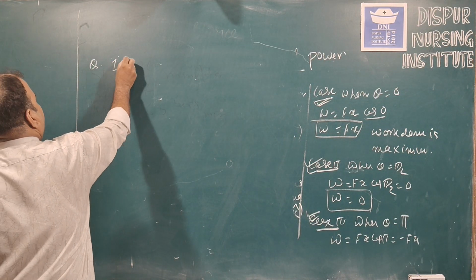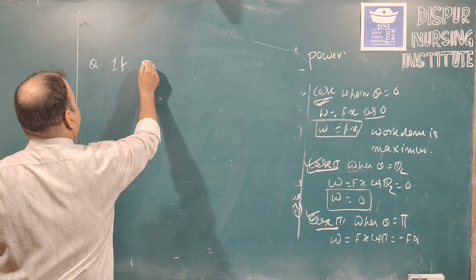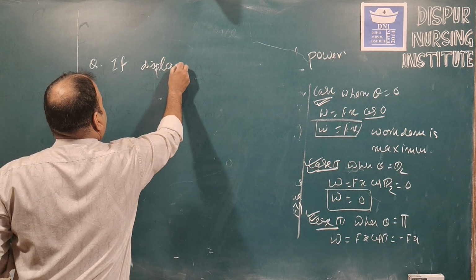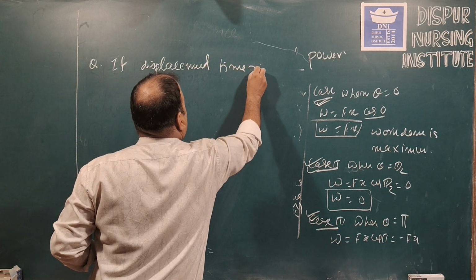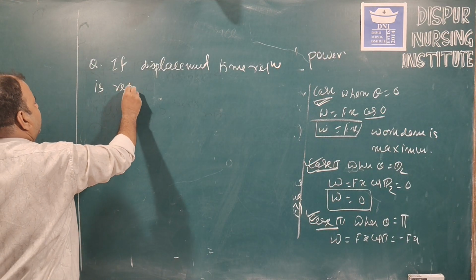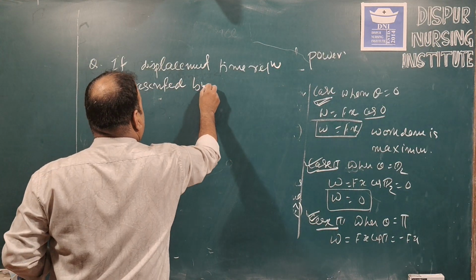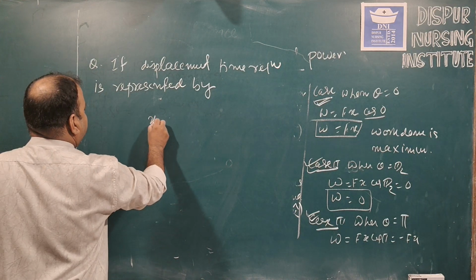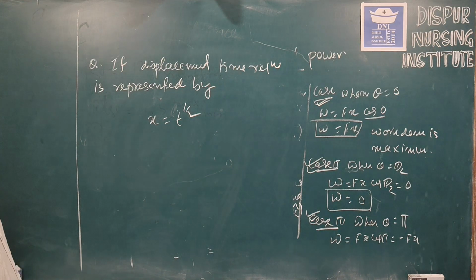If the displacement time relation is represented by x is equal to t to the power half, it is given.